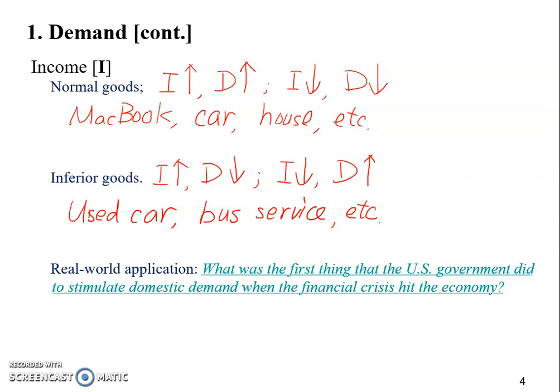So we're not talking about this ongoing one because of the COVID-19. We're looking at more than a decade ago, the 2007, 2008 financial crisis. The first response from the U.S. government is to give each person up to $400, and each household up to $800.